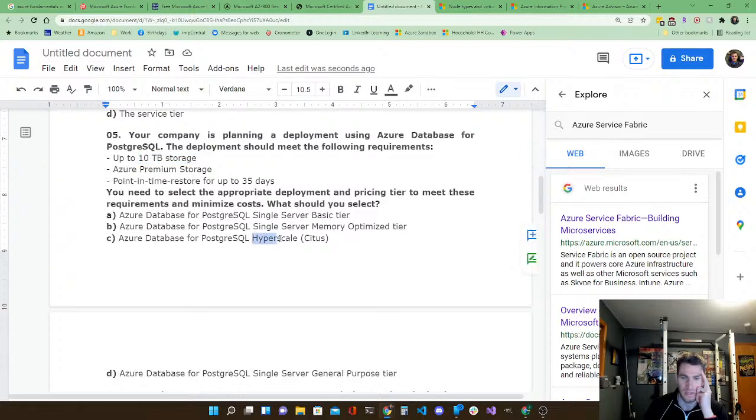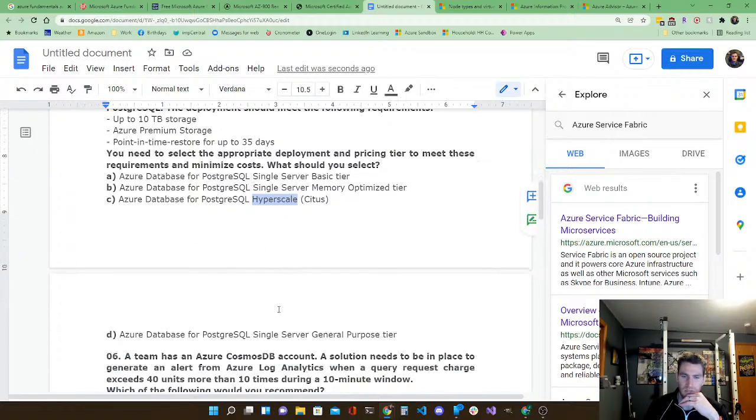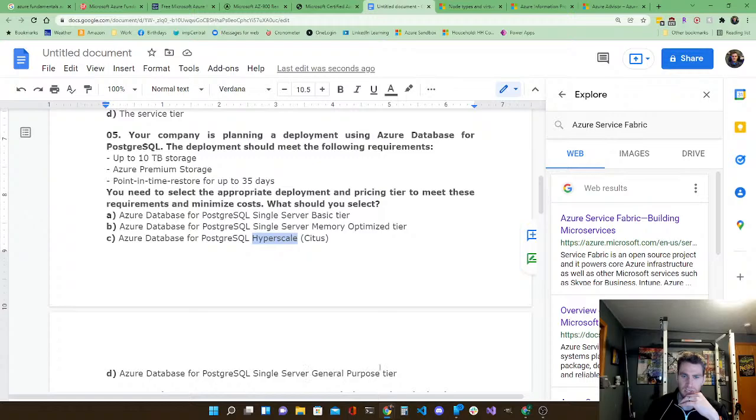Hyperscale, I don't know what Citus is, but hyperscale sounds like it's going to be on like a whole bunch of servers, kind of splitting up the workload amongst a whole bunch of servers. We don't really mention that here at all. And then just general purpose.